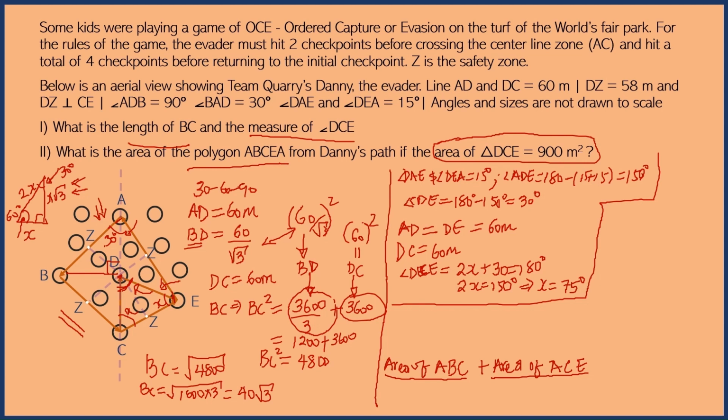Okay, so half base times height, and then what's the height? The height is what? DZ, right? So DZ is 78, so then that's equal to what? 900. So now the base is equal to 900 over what? 29.